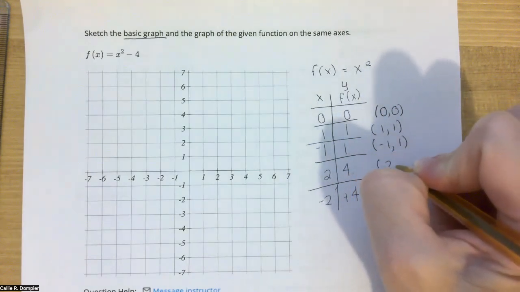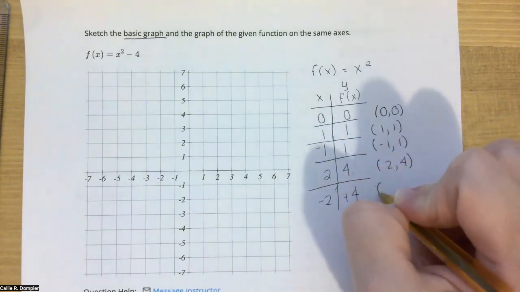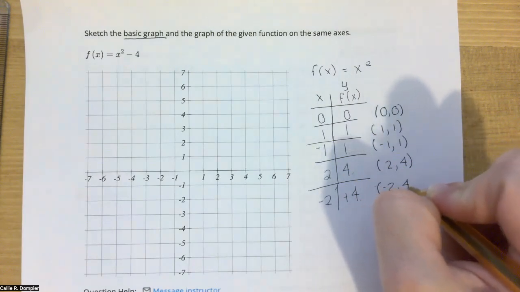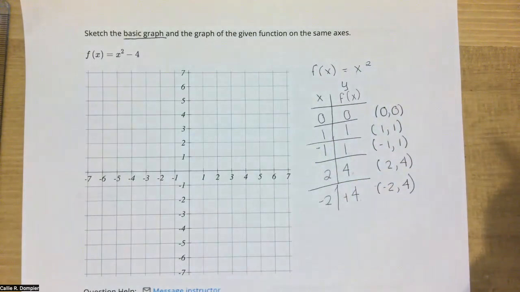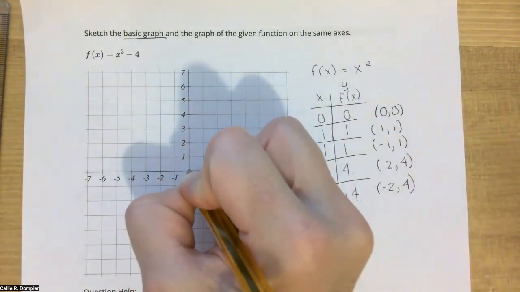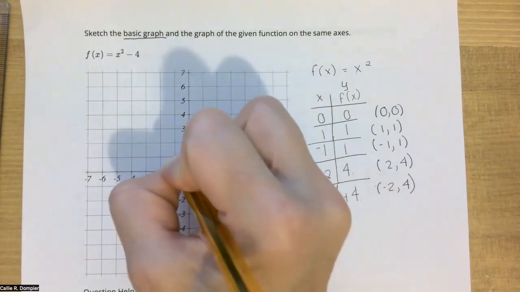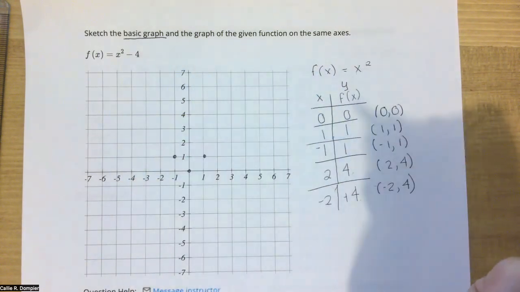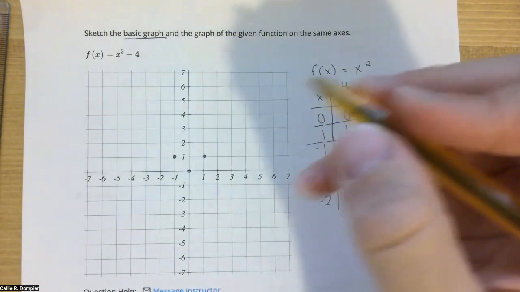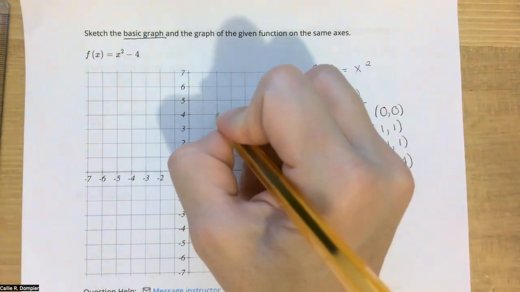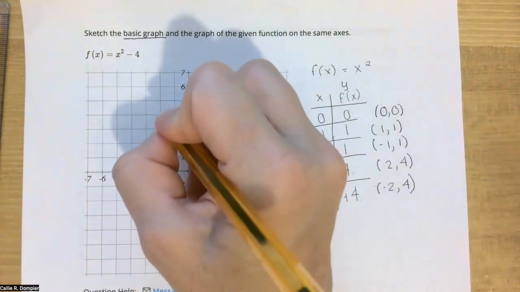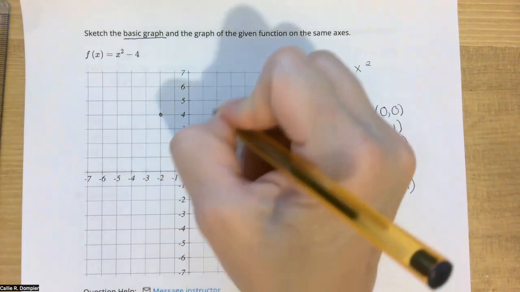And the point 2, 4. And then the point negative 2, 4. So that will be the basic graph. Start here. 1, 1. Negative 1, 1. Positive 2, positive 4, and then negative 2, positive 4. That's your parabola.